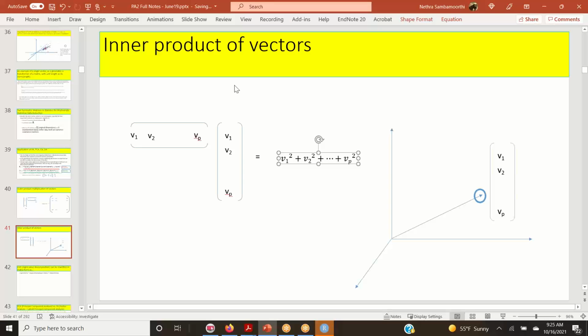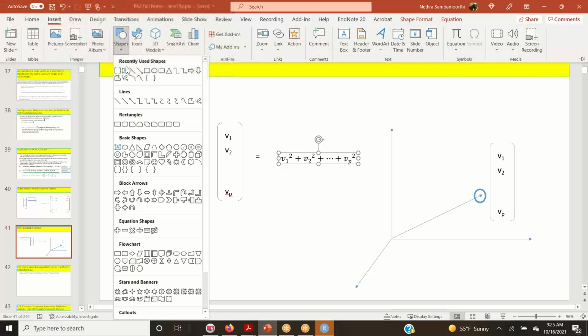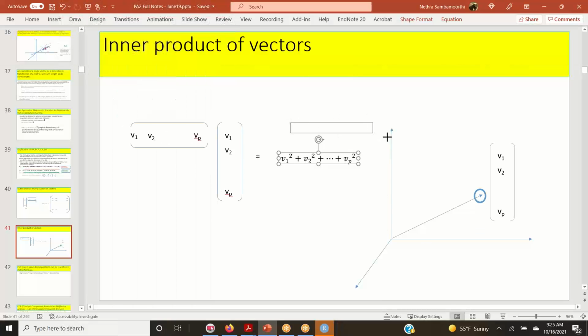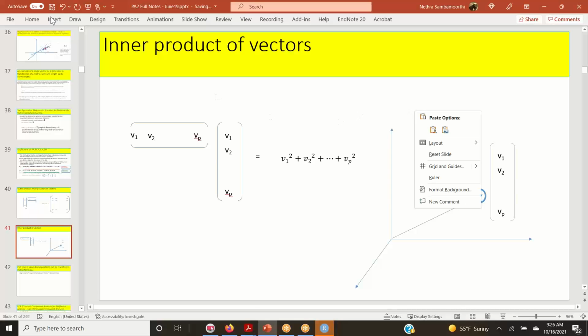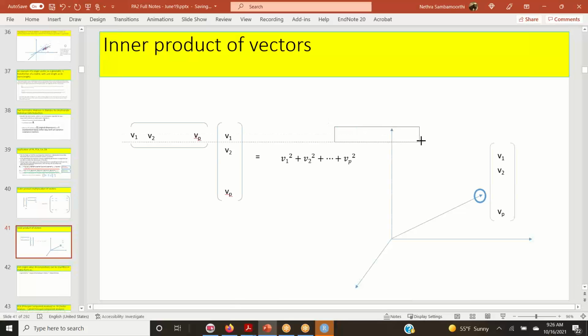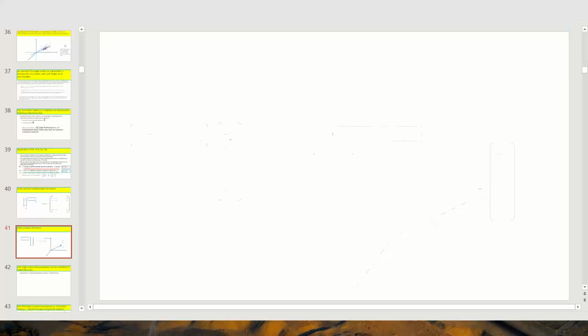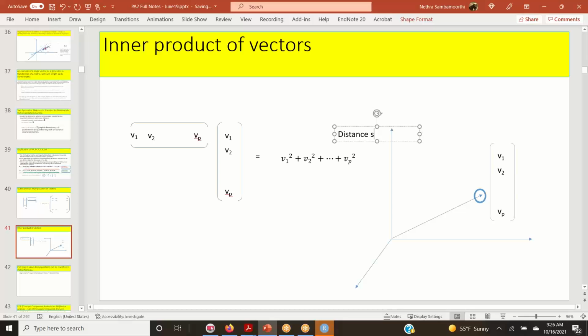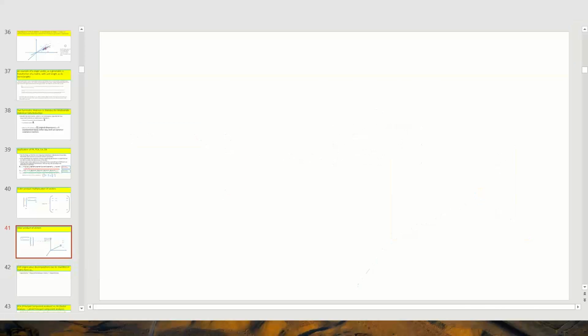So I want to write it here. Distance square of the point or vector from the origin.